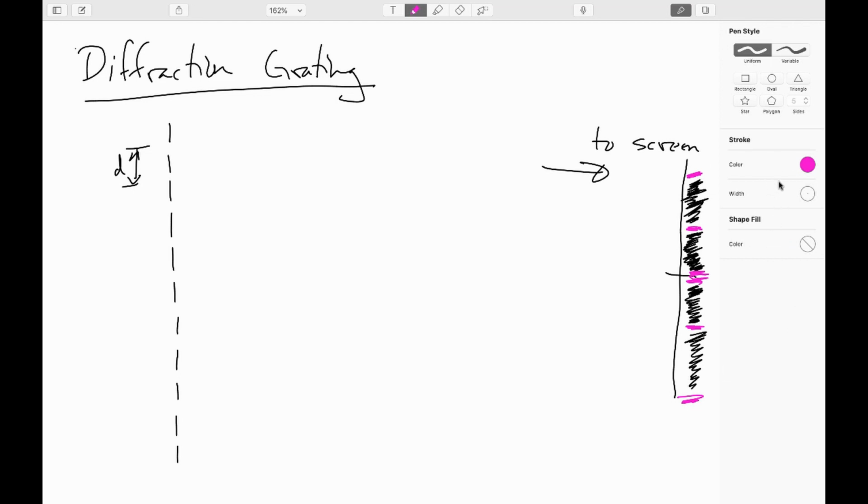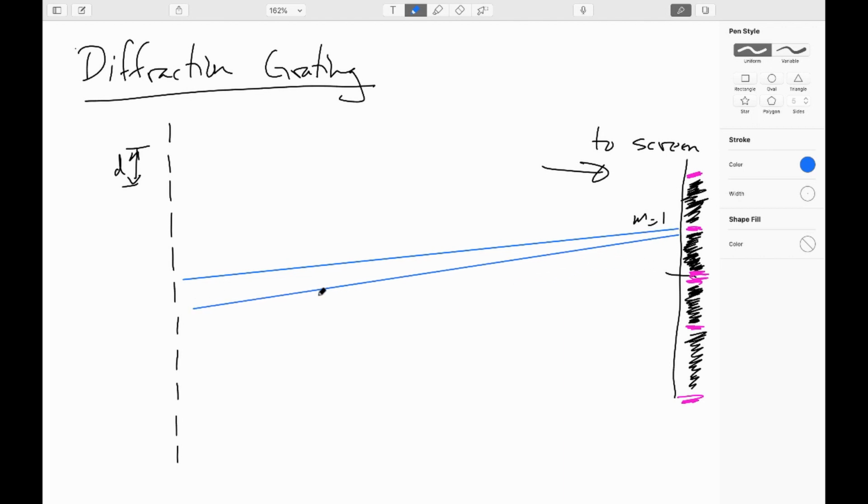But again, it's the same idea. If you want to find the m equals 1 fringe, it'll turn out that it will be at the angle where, if I look at two adjacent slits, say this slit here and this slit here, this extra distance is equal to lambda.